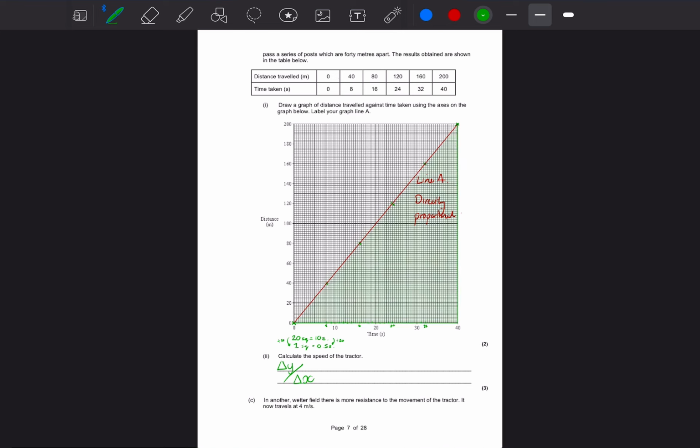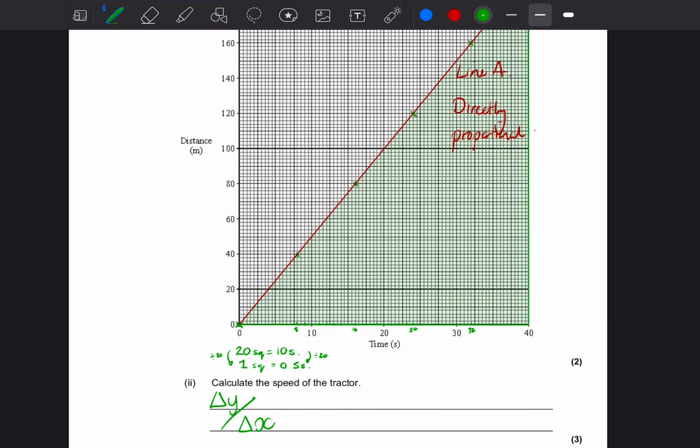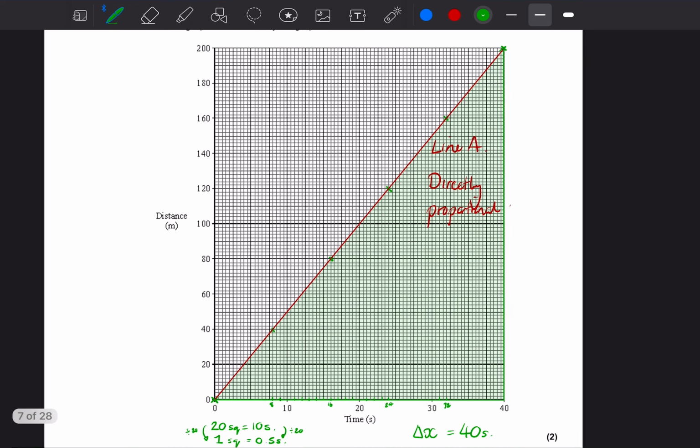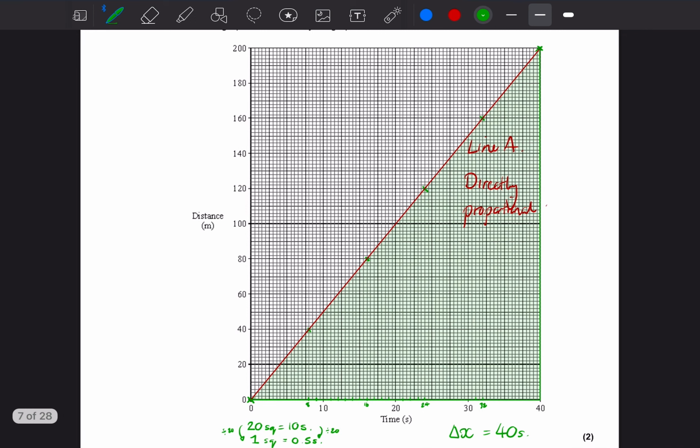That is our biggest right angle triangle that we can do. So we can see that the x-axis goes from 0 to 40. So your change in x is 40 seconds. And our change in y goes from 0 to 200. So our change in y is 200 meters.